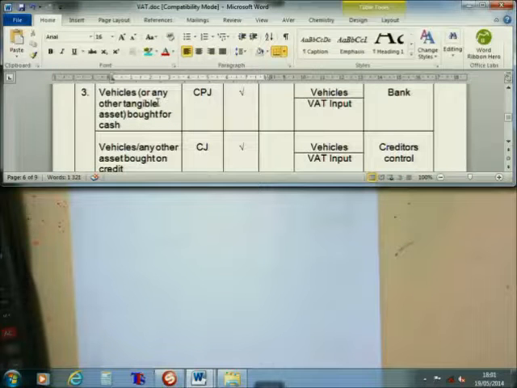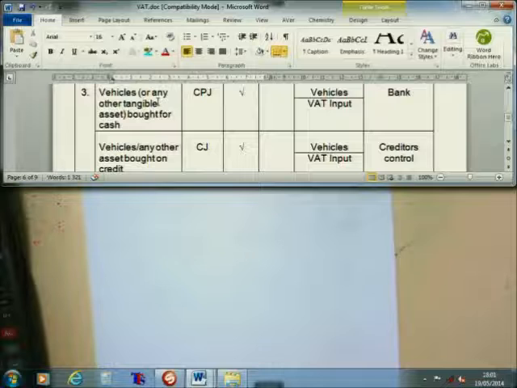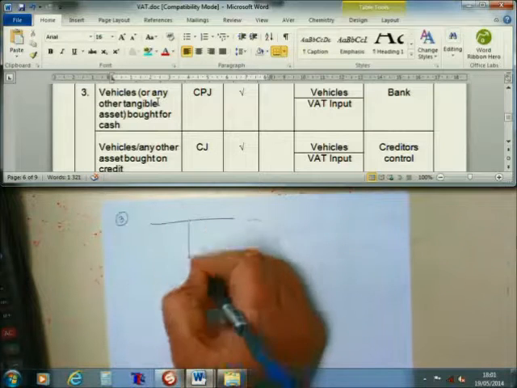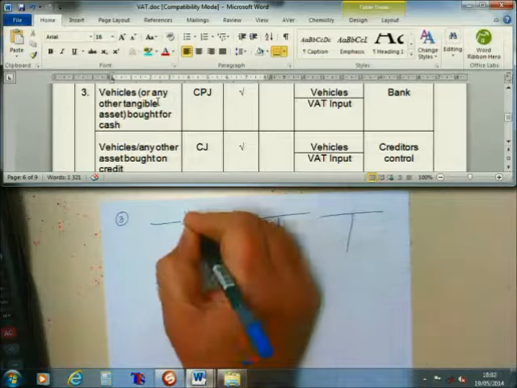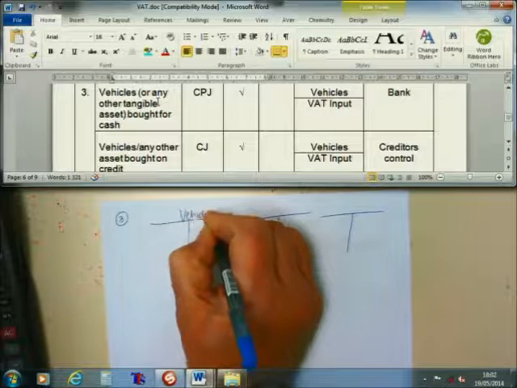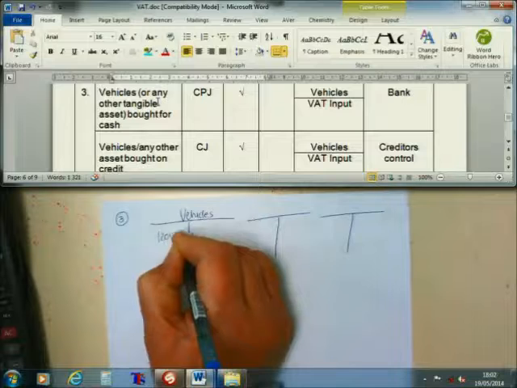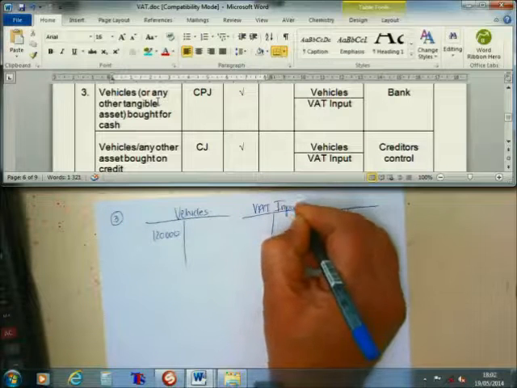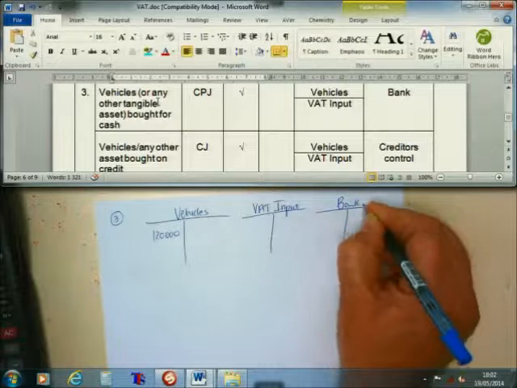Transaction number 3. Vehicles was bought for cash. We bought vehicles to the value of 120,000 Rand because we bought it is input and we pay for it.